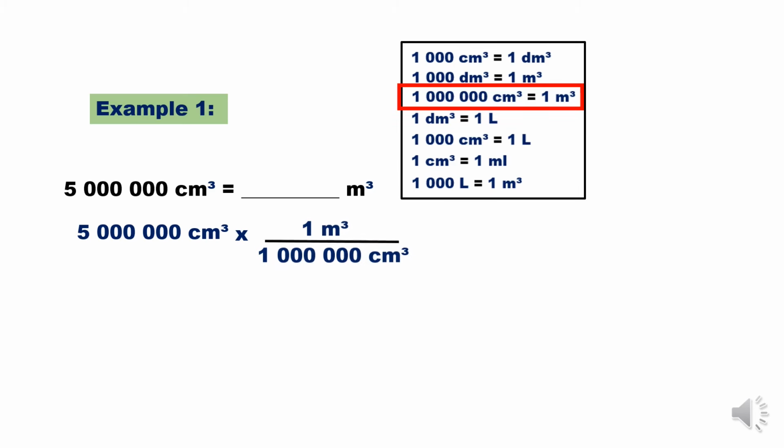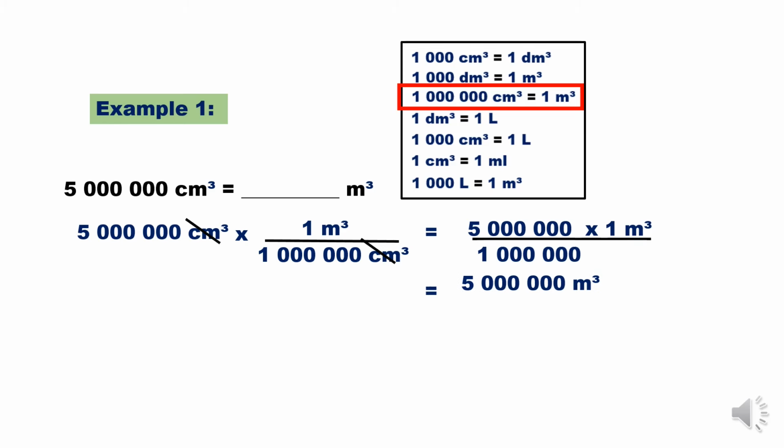Times that conversion, you will notice that the cubic centimeter is at the bottom and the cubic meter is at the top. Then we cancel the same cubic centimeter. Then let's multiply 5 million times 1 cubic meter divided by 1 million. So, 5 million divided by 1 million equals 5 cubic meter. So, the answer is 5 cubic meter.